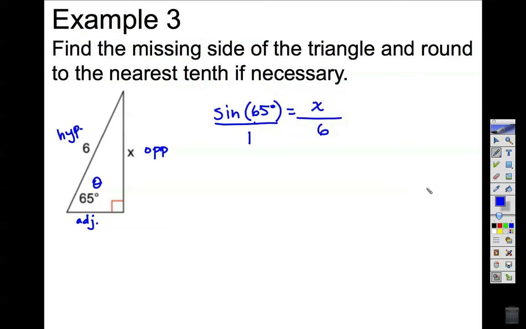Set this over 1 so the cross multiplication is easier to see. 6 times the sine of 65 degrees equals 1 times x, which is just x. 6 times the sine of 65 degrees in the calculator is 5.437.